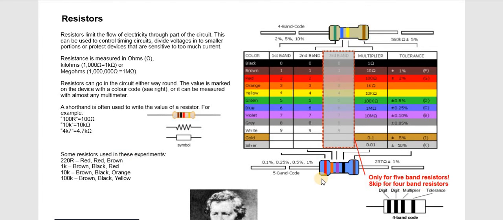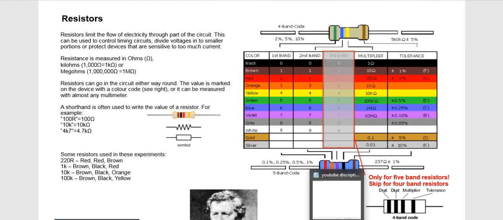So if you want to read this resistor, let's use this. It has a red first, that is 2. It has orange, that's 3, and it has violet, that's 7. So that is 237, and the multiplier is black, and black is 1.